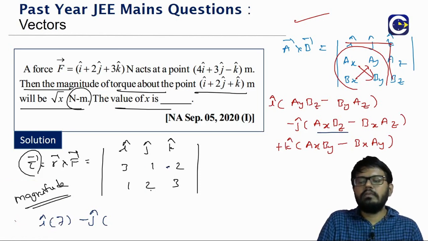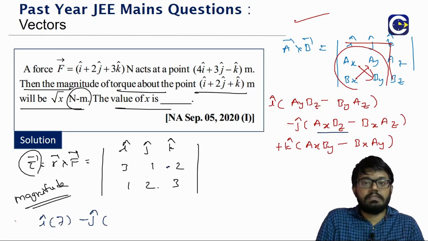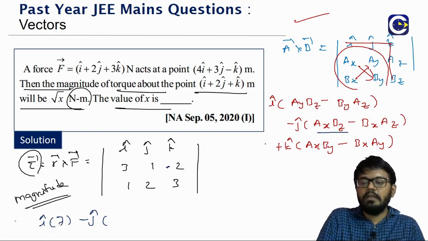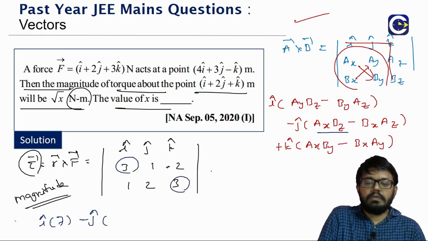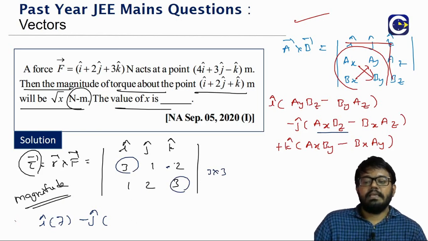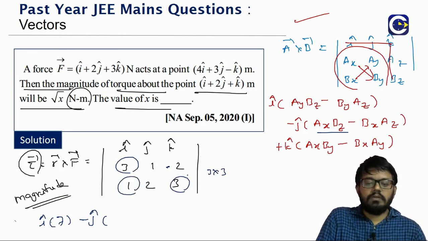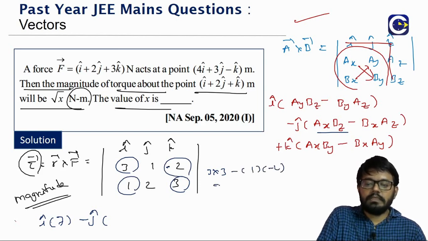We should make sure that we will not make any simple mistake, because there is always a chance for making a simple mistake here. So AXBZ, where is AXBZ? So what is it? 3 into 3 minus BXAZ. Okay. This is what? 1 into minus 2 minus 1 into minus 2. So what is it? 3 3s are 9. This is plus 2, 11.